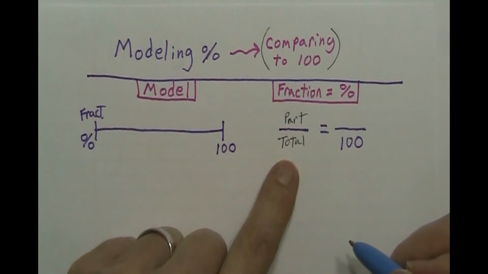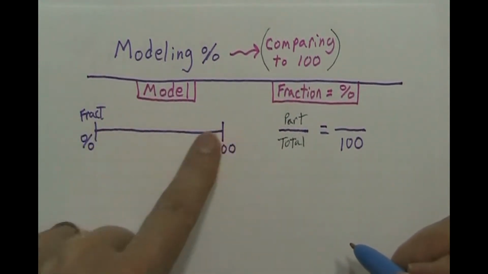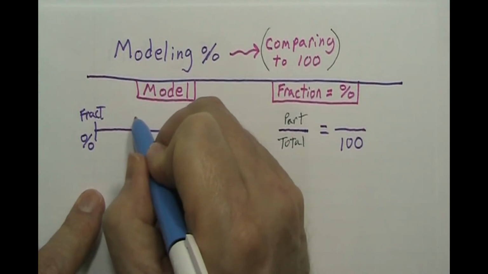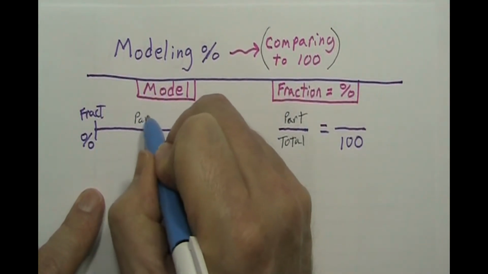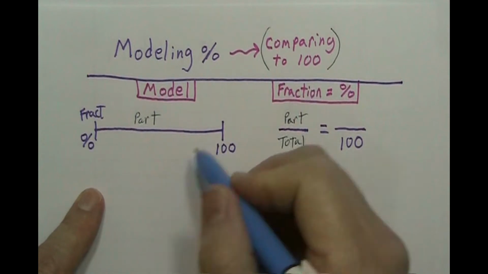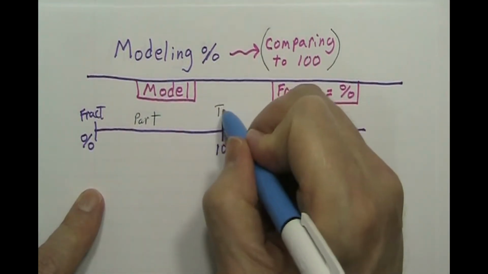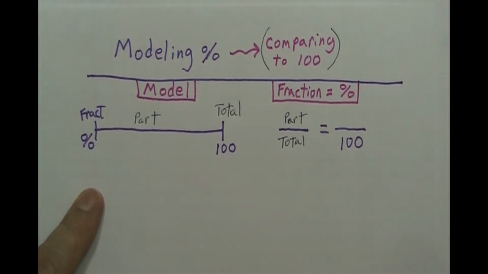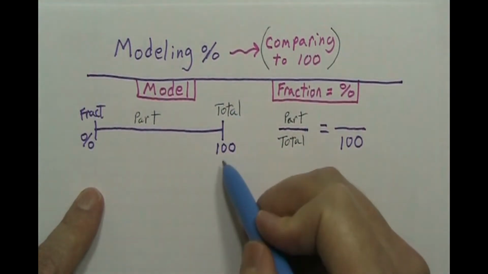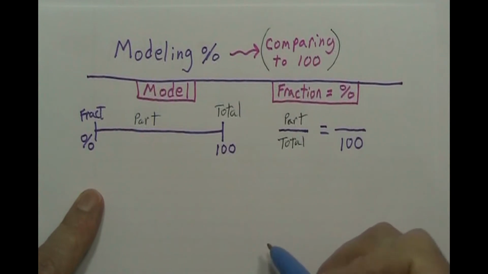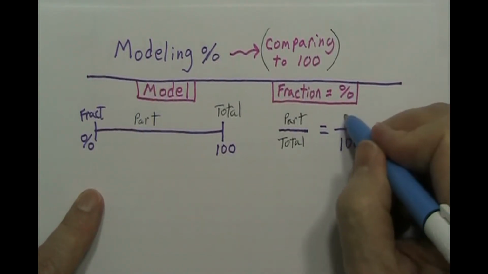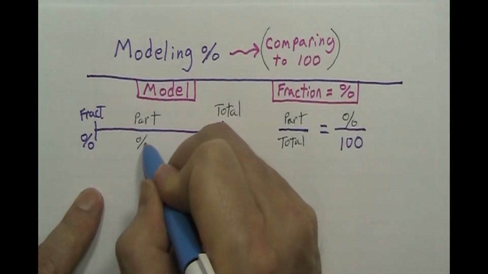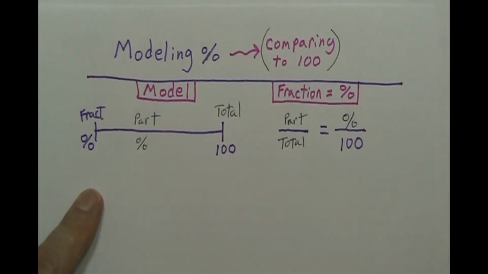So on the model, this top will be called the part, and over here is the total. The total lines up with 100. And down here, this is our percent number.